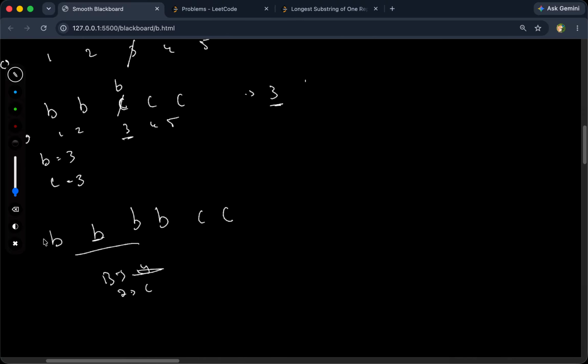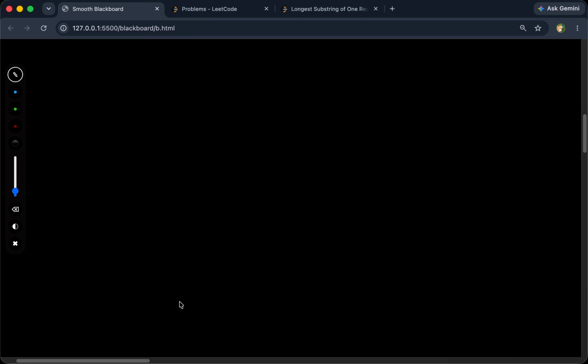Now that we have understood the problem, let's think about the simplest way to solve it. Whenever a query changes one character, we can simply scan the entire string and find the longest group of consecutive equal characters. Suppose the string is A A B C C, with indices 0 1 2 3 4.